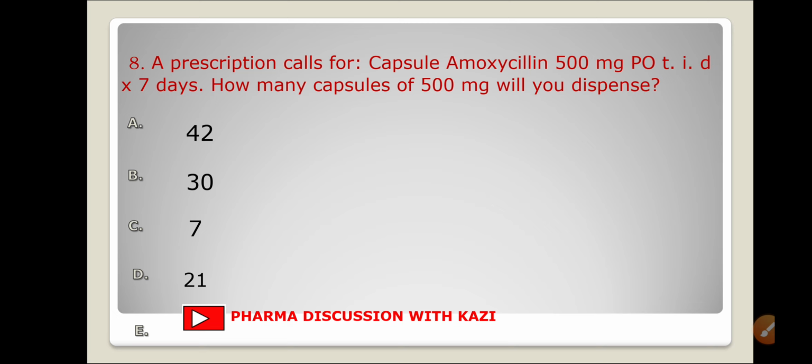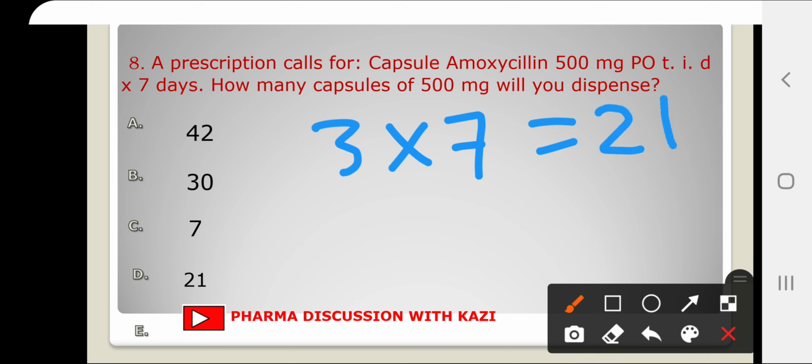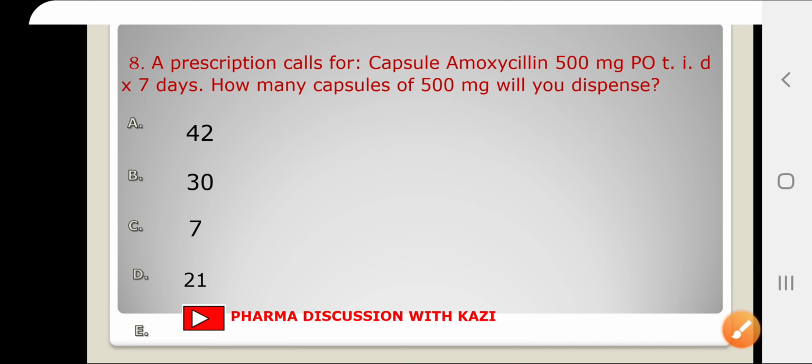TID for 7 days means 3 into 7 equals 21 doses for the course of medication. Now one dose equals 1 capsule, therefore 21 doses equals 21 capsules. So the correct answer is option D.